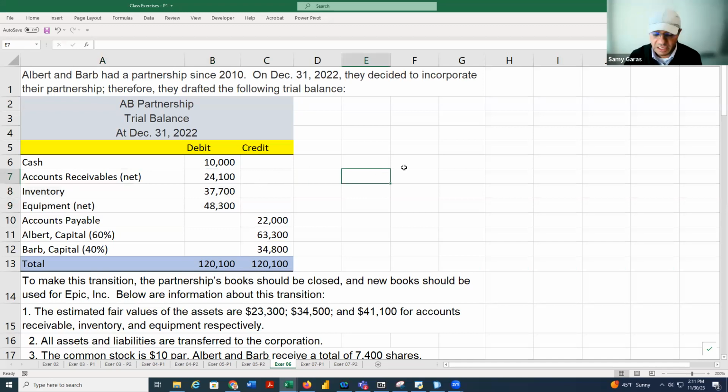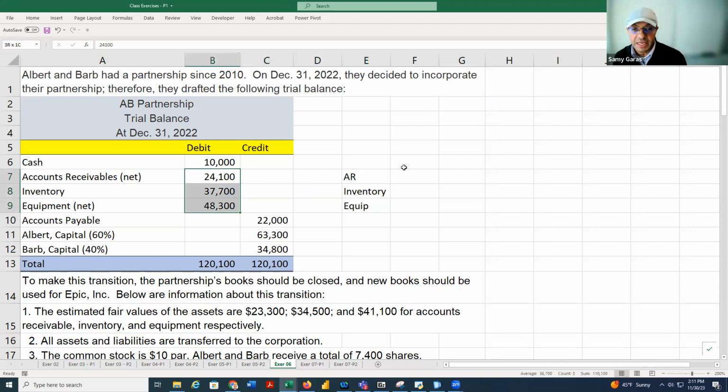So here, let us take the first one. We have accounts receivable, we have inventory, we have equipment, and the book value for the accounts receivable, inventory, and equipment is here.